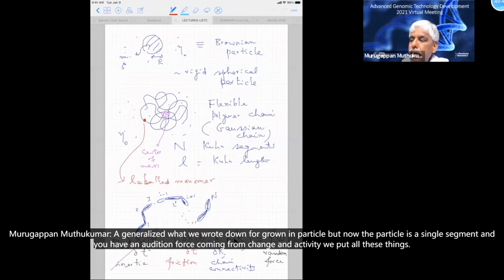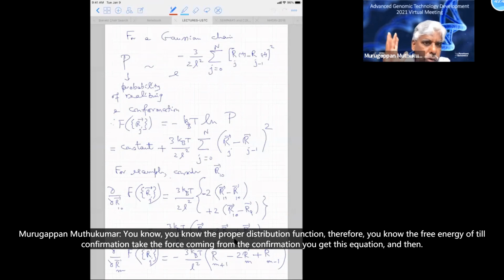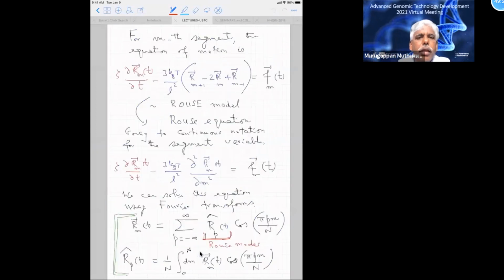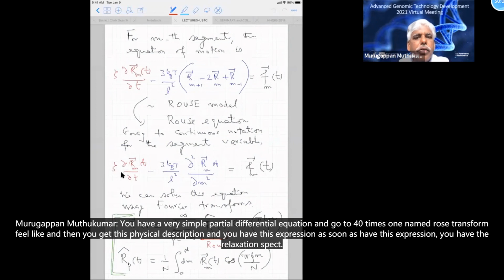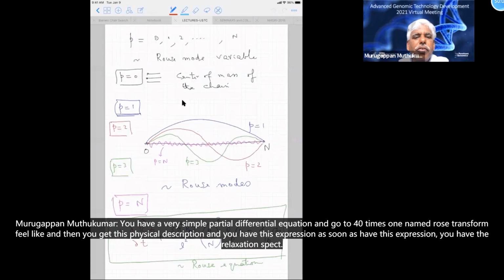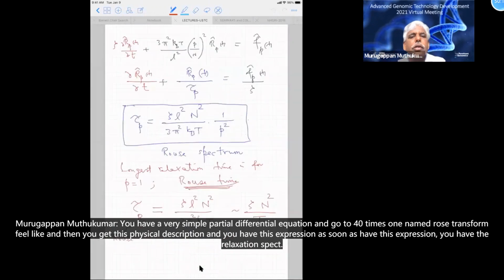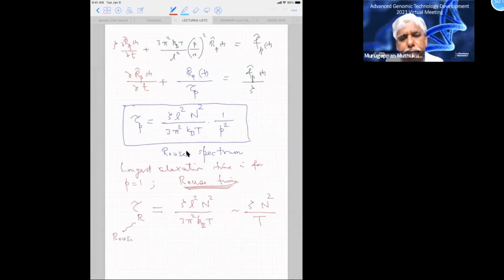If we put all these things together, you know the probability distribution function, therefore you know the free energy of a particular conformation. Take the force coming from the conformation, you get this equation, and then you have a very simple partial differential equation. Go to Fourier transform, namely the Rouse transform if you like, then you get this physical description and you have this expression. As soon as you have this expression, you have the relaxation spectrum.